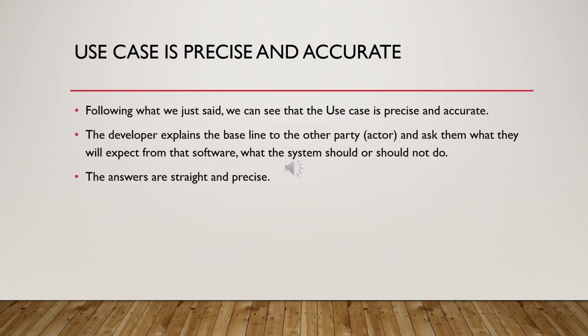Based on what we just said, we can see that the use case scenario is very precise and accurate because the developer will explain the baseline of what the software is going to do to the other party. The other party is one actor, and then they will ask him what they expect from that type of software. The only problem here is that sometimes the engineer explains too much.